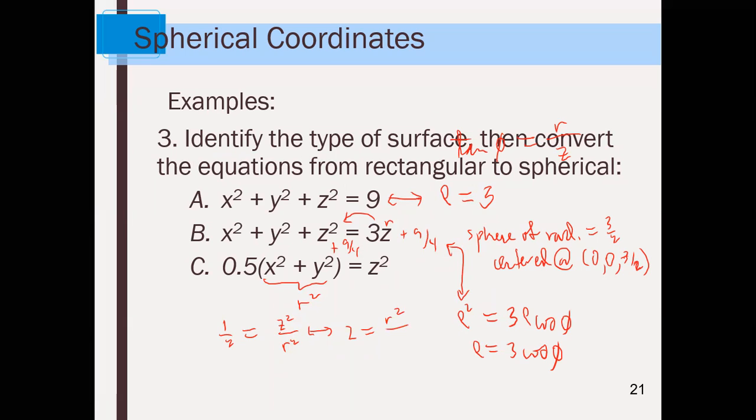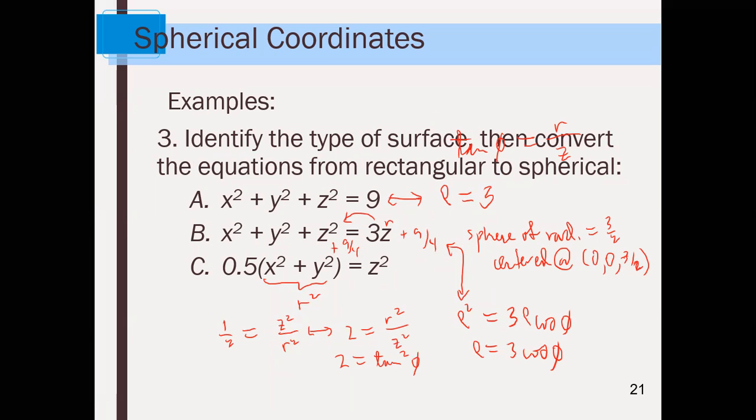R squared over z squared. What's r squared over z squared? That's just tangent squared of phi, okay?